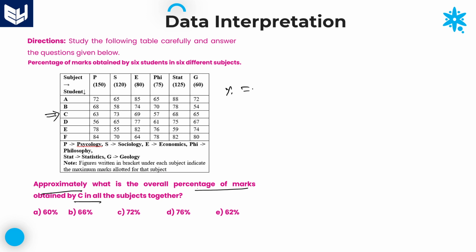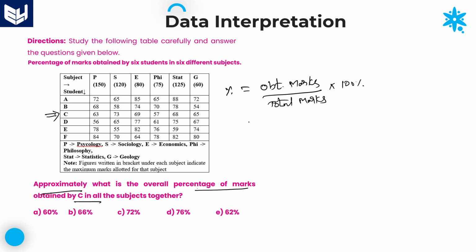Percentage of marks is equal to obtained marks divided by total marks, into 100. Whenever you want to calculate the percentage of marks of any student, that value is obtained marks in all subjects together divided by total marks into 100.